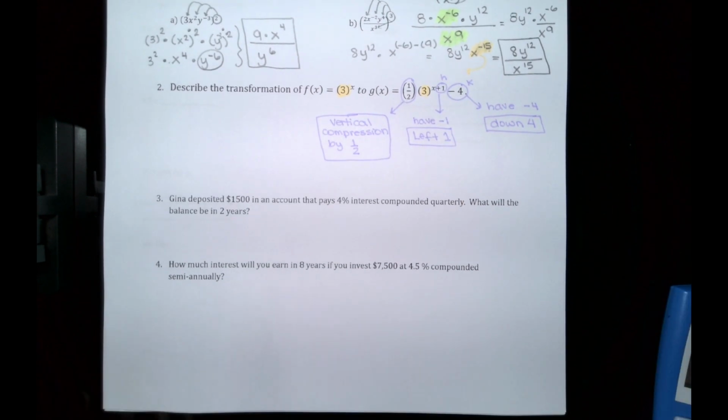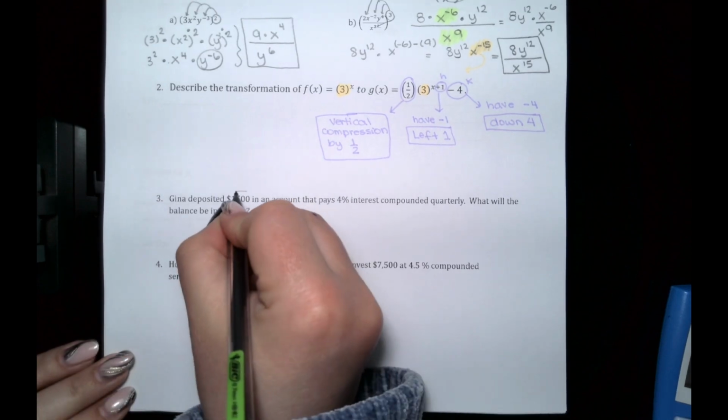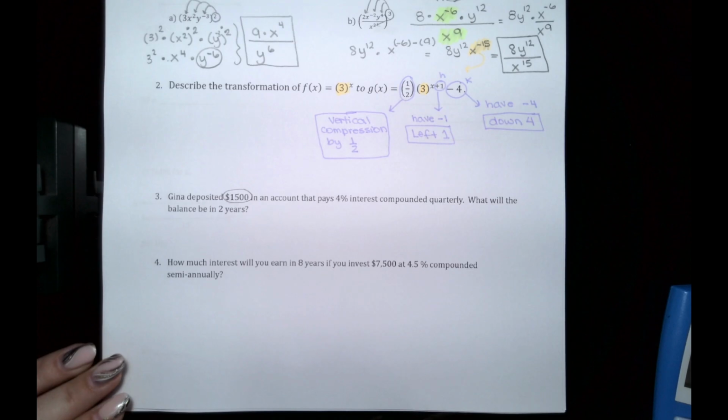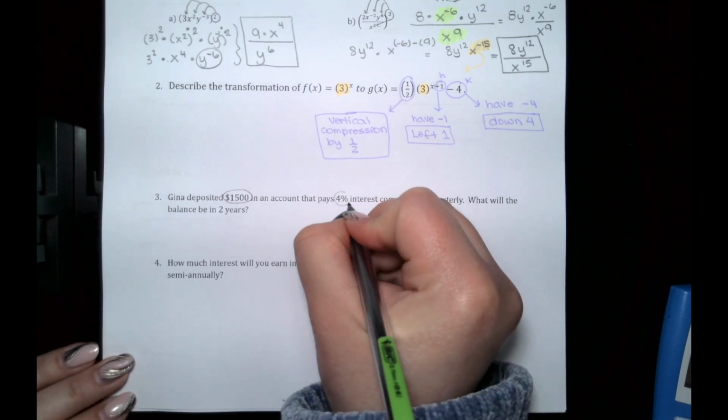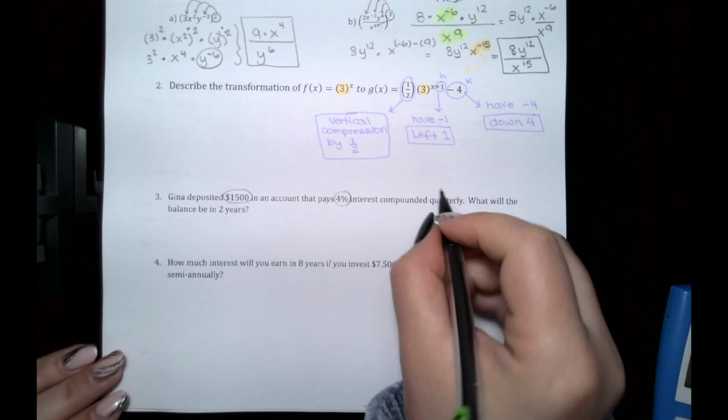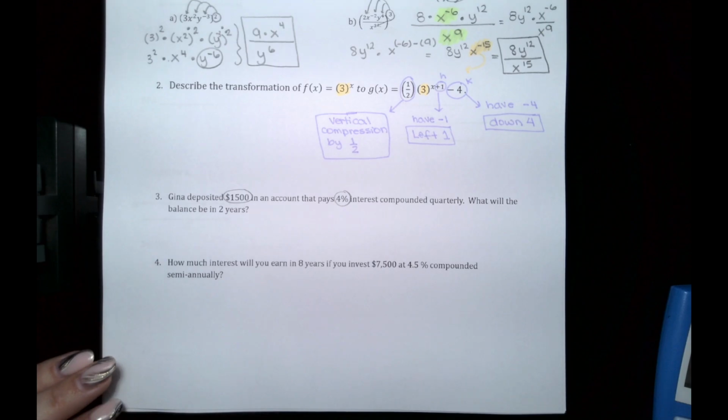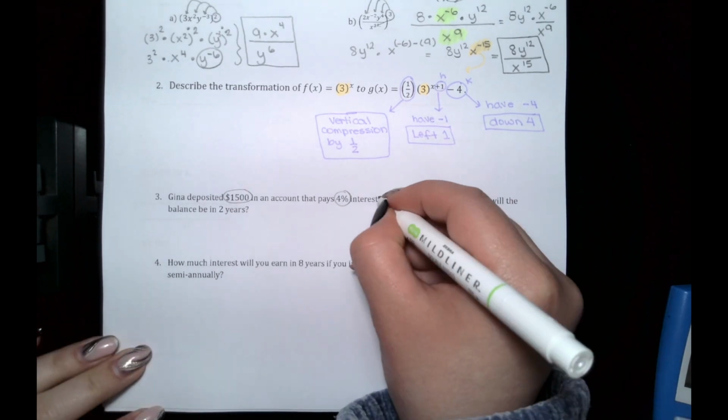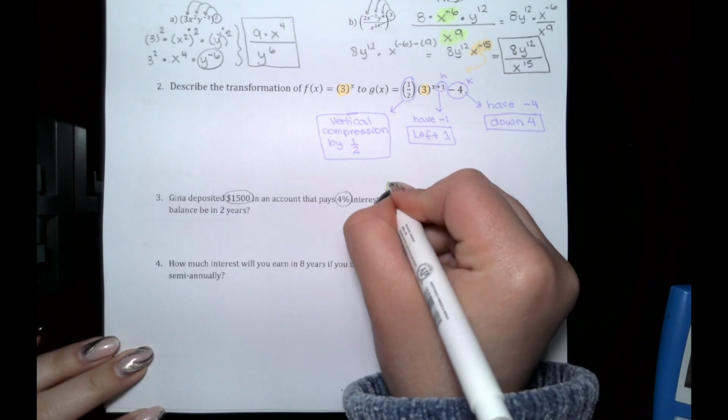Next 2 questions. This one is asking us to solve. We have a starting amount of $1,500. We have an interest rate of 4%. This keyword here, compounded, is very, very important. Compounded tells you which formula to use.